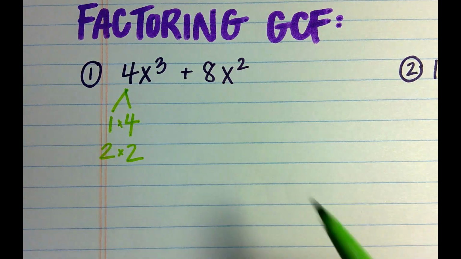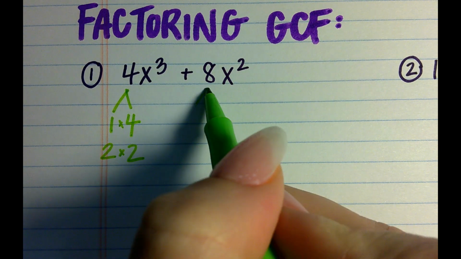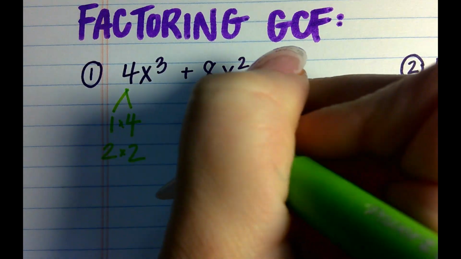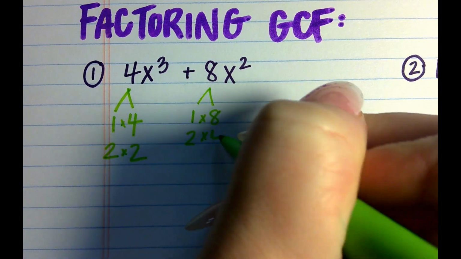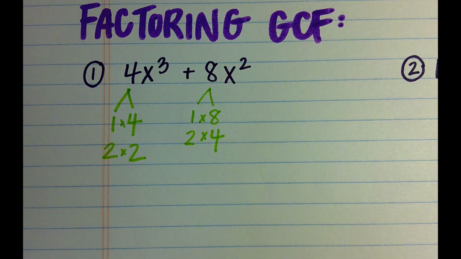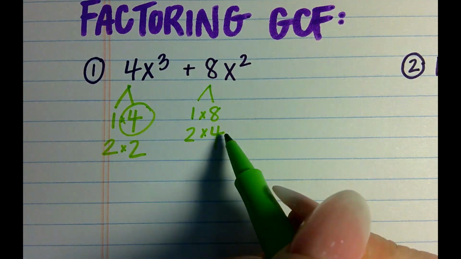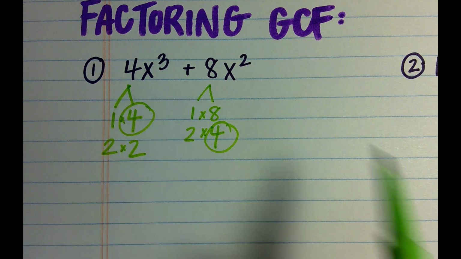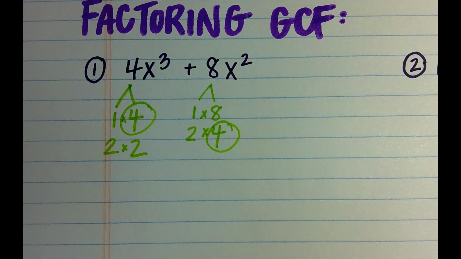And then how about 8? 1 times 8. 2 times 4. Okay. So, thinking about our numbers first, what is the biggest number that goes into both 4 and 8? 4. Good.